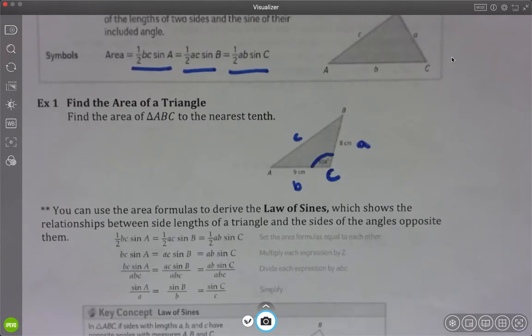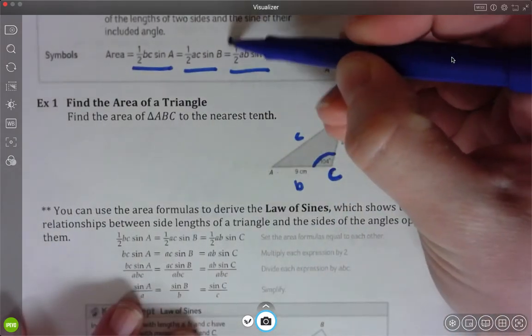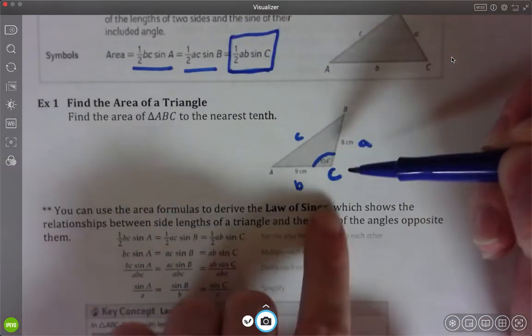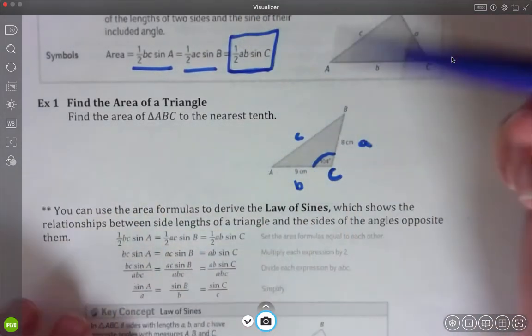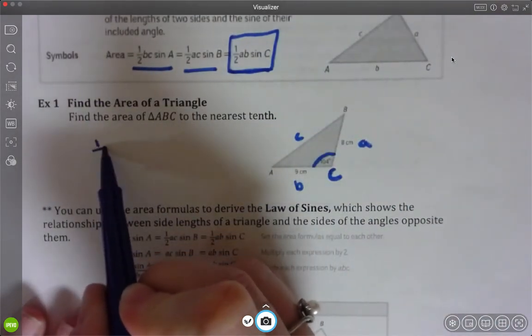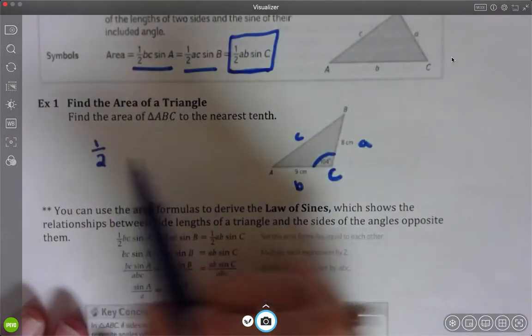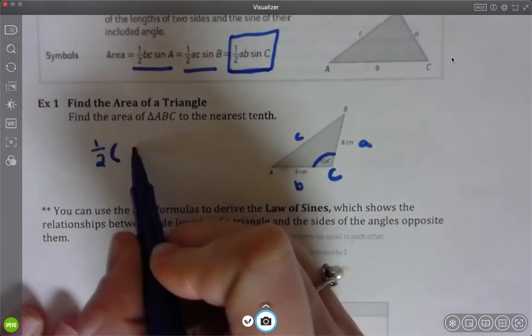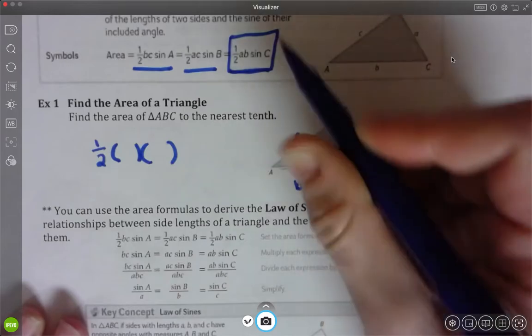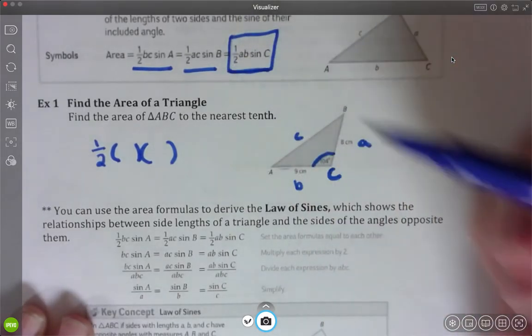So I know that I have my angle C, and then I just want to use my other two sides, A and B. So really just plopping this into the formula. This is 1/2 base times the height. Really, base is going to be your B, and the height is represented by sine of C times the other variable.